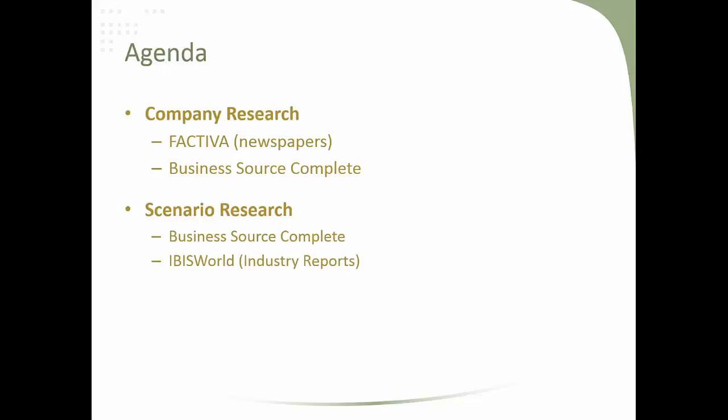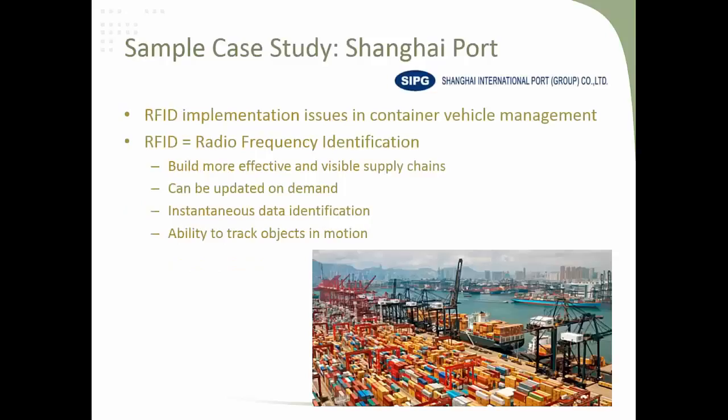So I have chosen this case study as our sample to use as we explore those resources. So I've pulled up this case study about Shanghai Port, and the case study was talking about RFID implementation to their container vehicle management to kind of improve their supply chain management processes so that they're more effective in tracking the container vehicles.